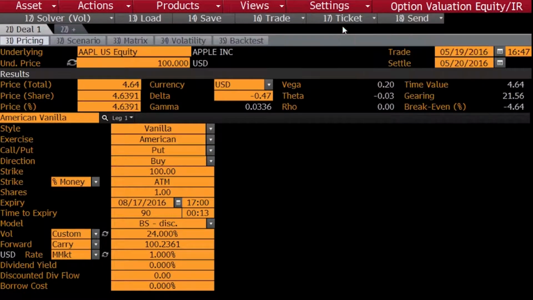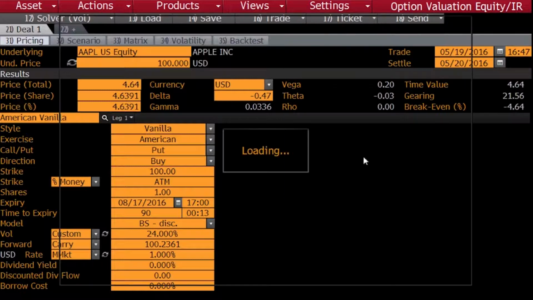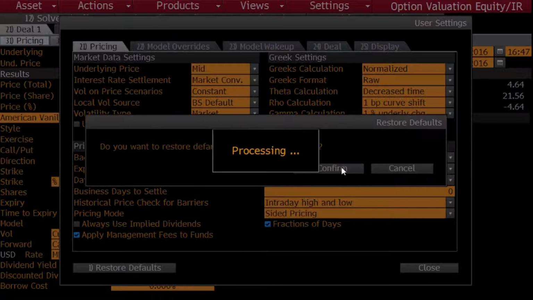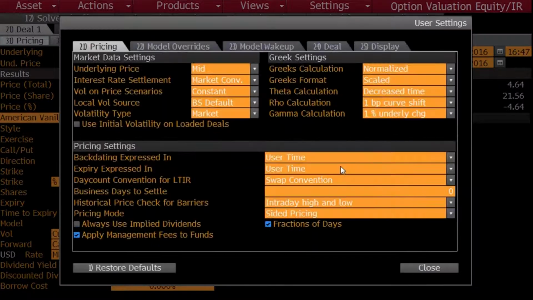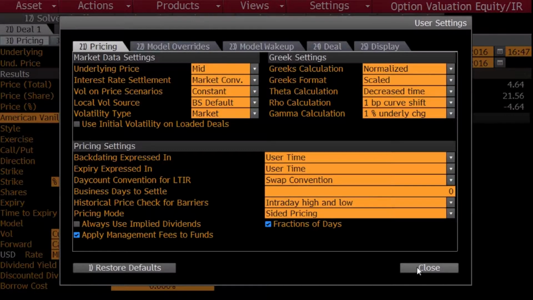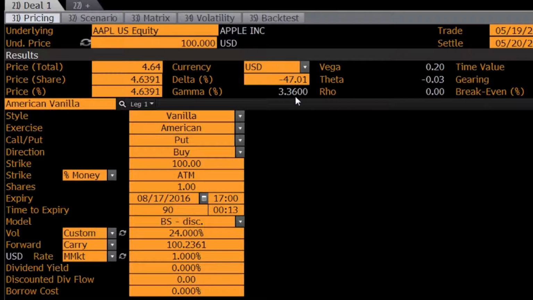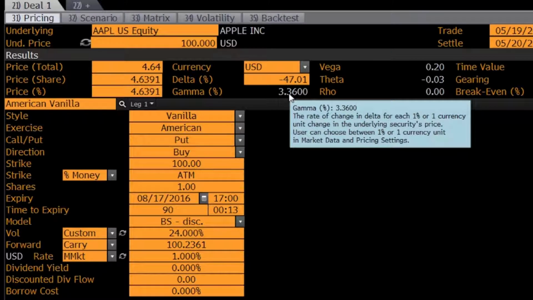I'm going to put mine back to the defaults, restore defaults. That's probably where most viewers are, which is the scaled Greeks, and then I'm going to close the dialog box. So delta is minus 47.01%, and the gamma is 0.03, as the question says.